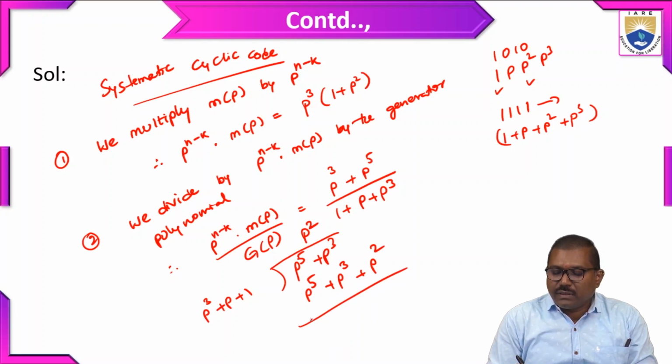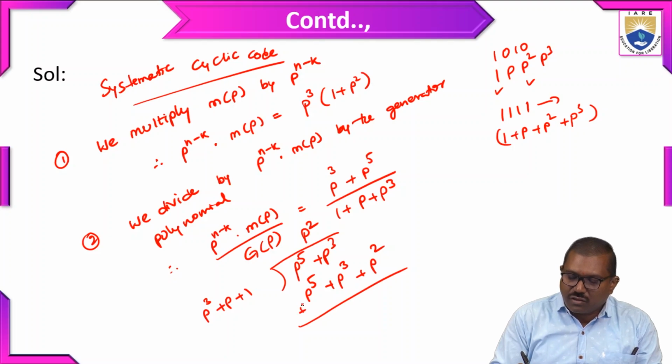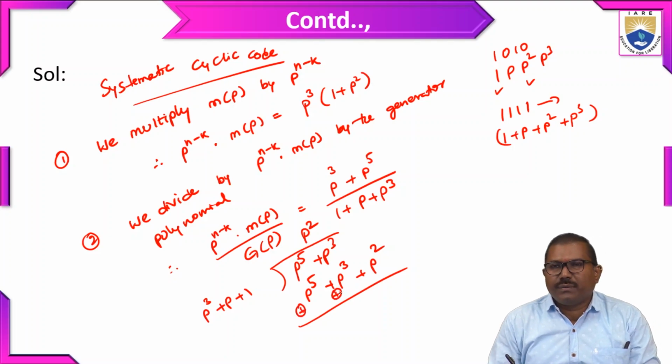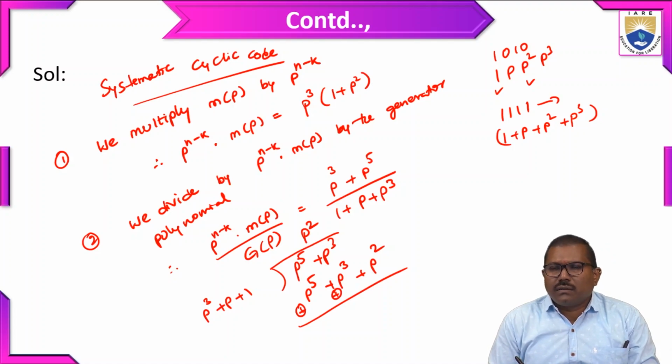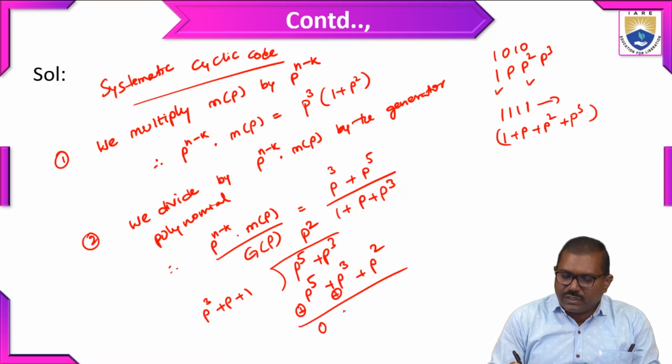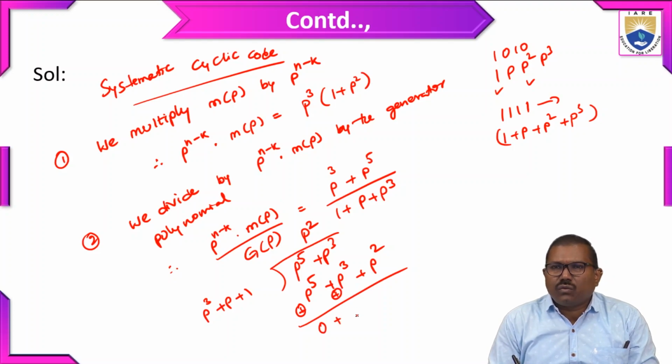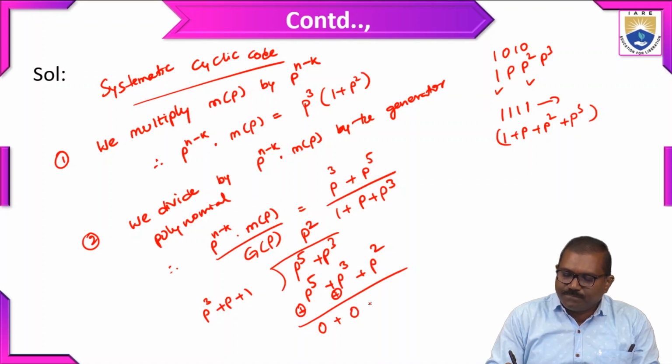Okay. So here it is not an ordinary division. We go for XOR or modulo-2 sum, whatever it may be. XOR operation. So what do you get by XOR? 1 XOR 1, you get 0 for this term. Plus again 1 XOR 1, 0.